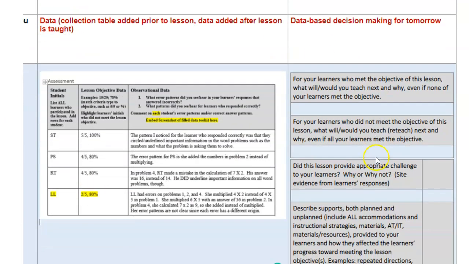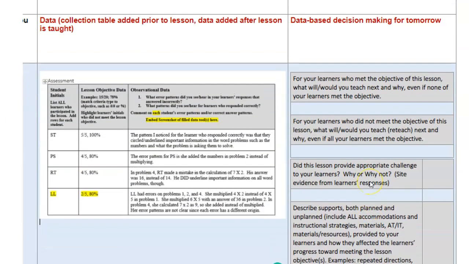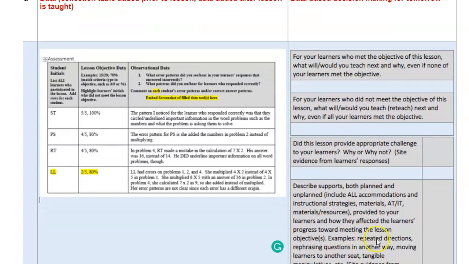The other thing I would suggest as a way to just get really good at thinking about your data-based decision making for tomorrow is embed those questions that are part of the instructional plan reflection into your concise plan. So you're always thinking about what are you going to do for the learners who met and why? What are you going to do for the learners who did not meet and why?